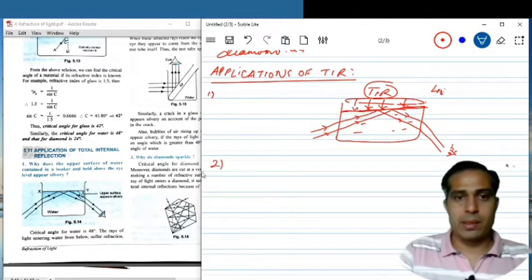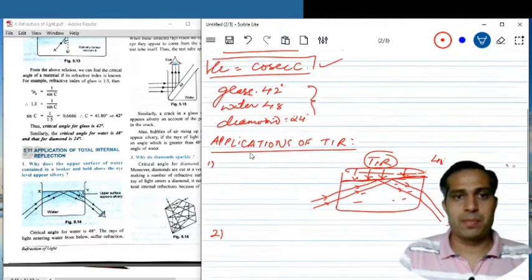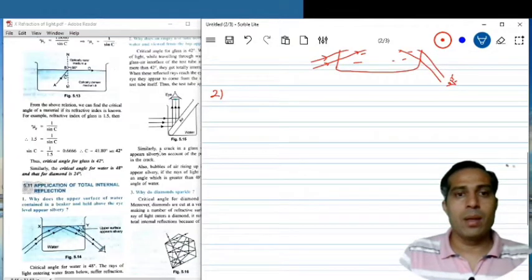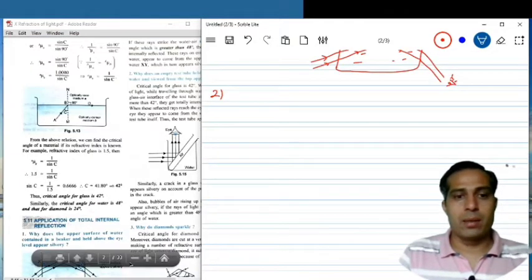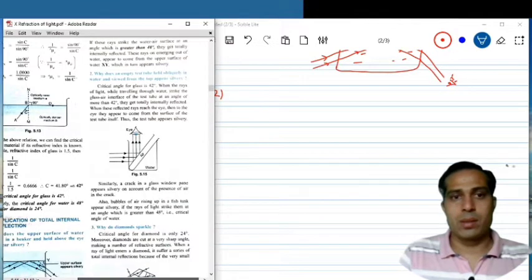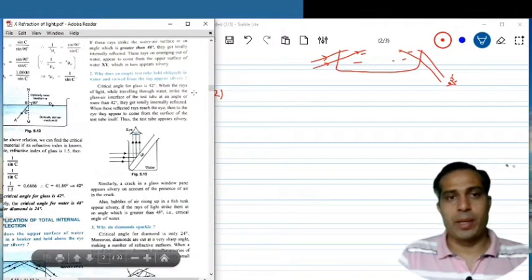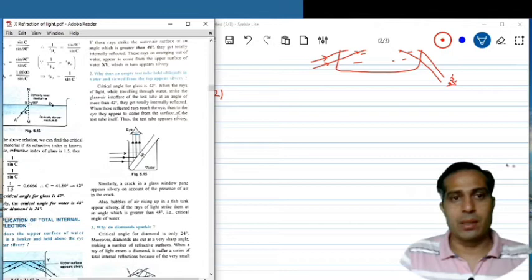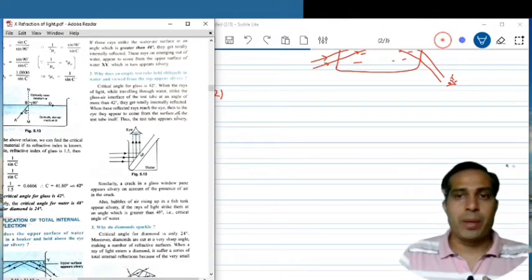So the second example or second application is, that is why a test tube placed in the water, when it is held obliquely, or if we see it obliquely, appears to have a silvery upper surface.